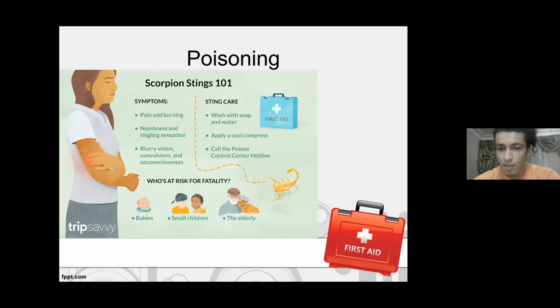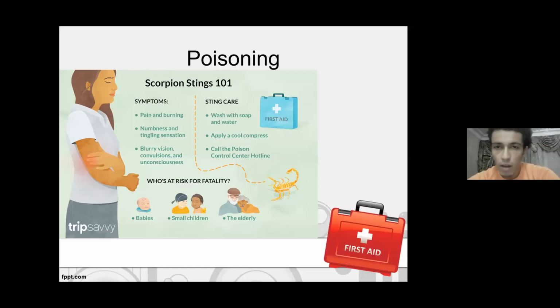If he was conscious, he will tell you that he was stung by a scorpion. The patient will have pain, a burning feeling although he's not actually burned. He won't feel his extremities like fingers or toes, and late or advanced symptoms include convulsions and maybe blurry vision, he won't see you clearly, and he may be unconscious.